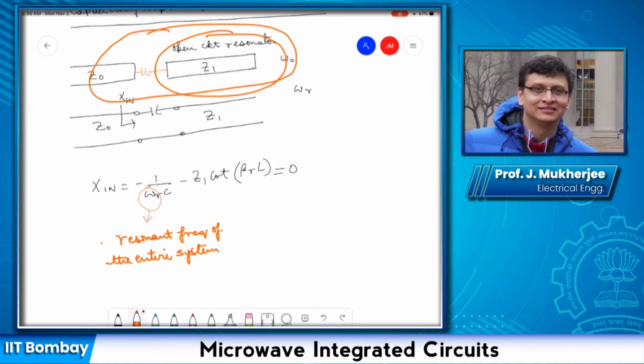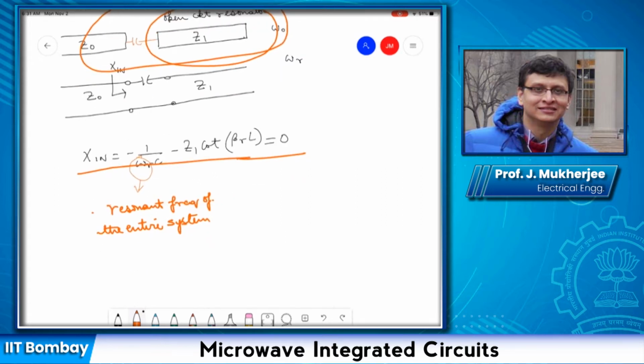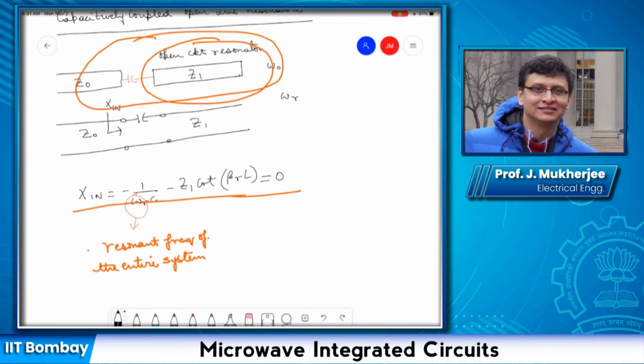For series resonance, this equation has to be satisfied. I can also write, just for completeness, Z in is equal to jX.